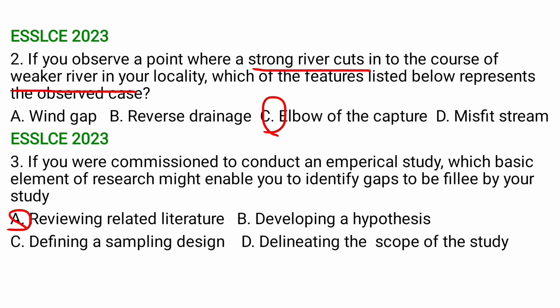A, wind gap, B, reverse drainage, C, elbow of capture, D, misfit stream. So, as I have discussed earlier, elbow of capture takes place when the strong river cuts into the course of the weaker river in our locality. Okay, another.